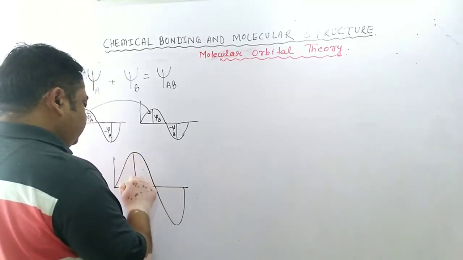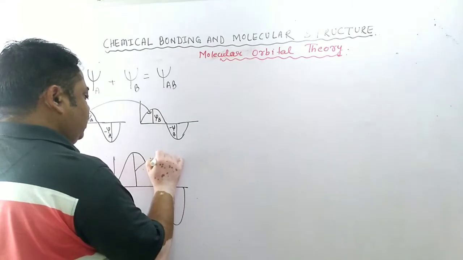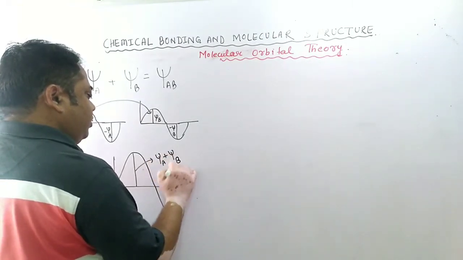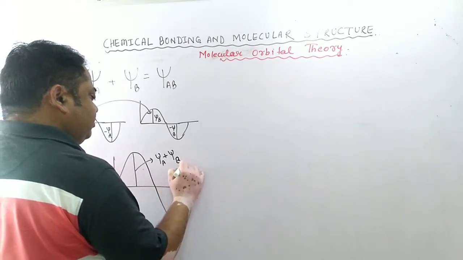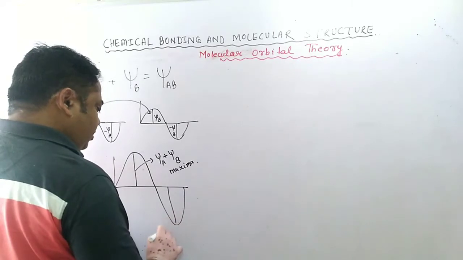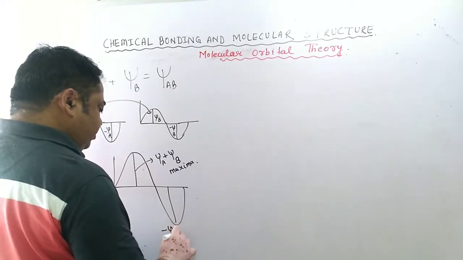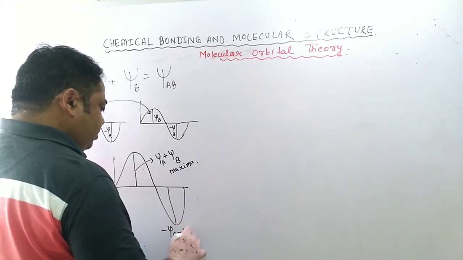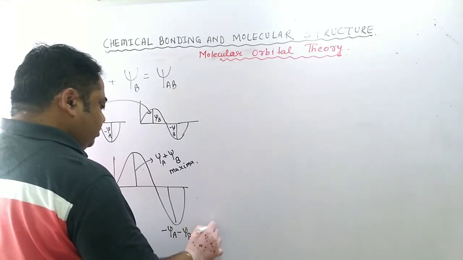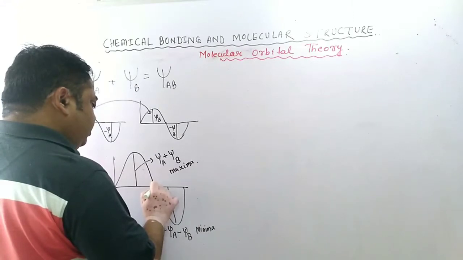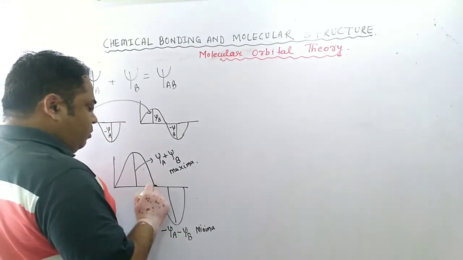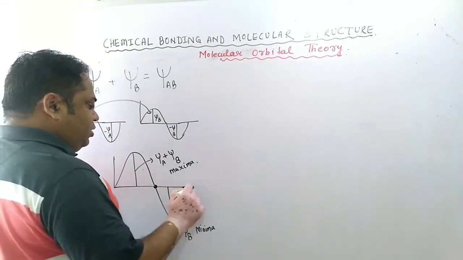So this will show psi A plus psi B. Okay, this is a maxima. And this will show minus psi A minus psi B. This will show minima. And this is the nodal point which is 0. That means here the probability of finding an electron is near 0.